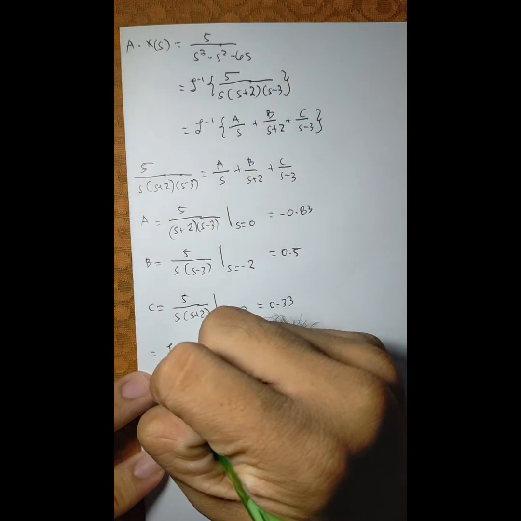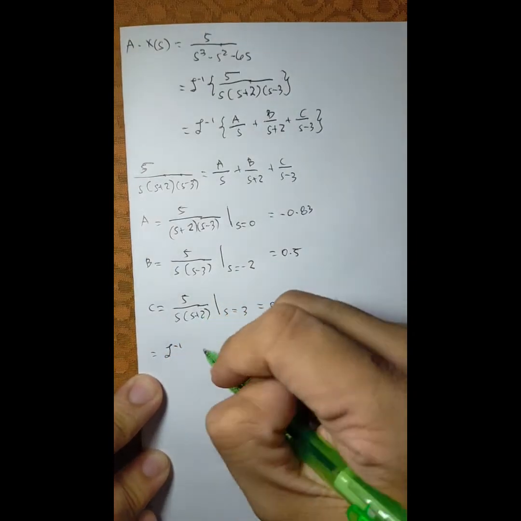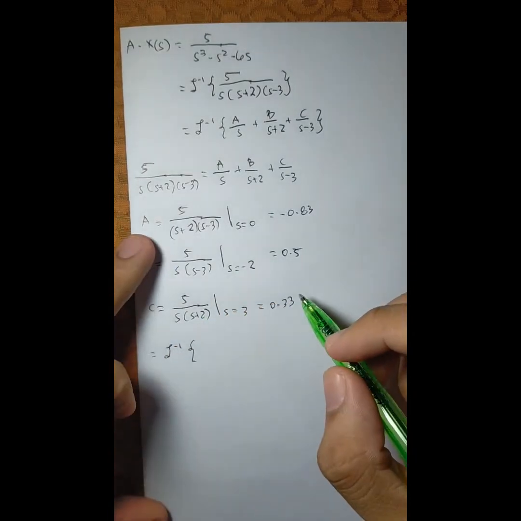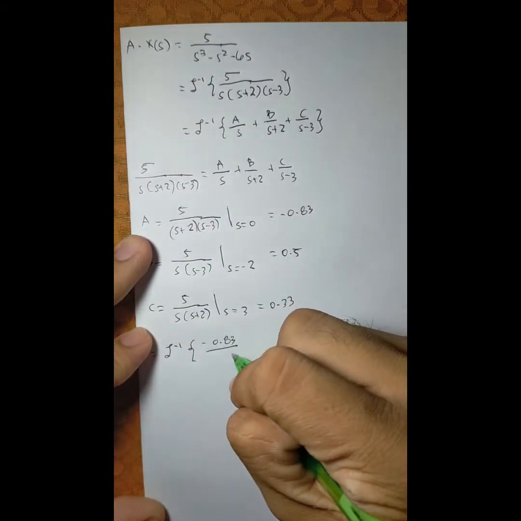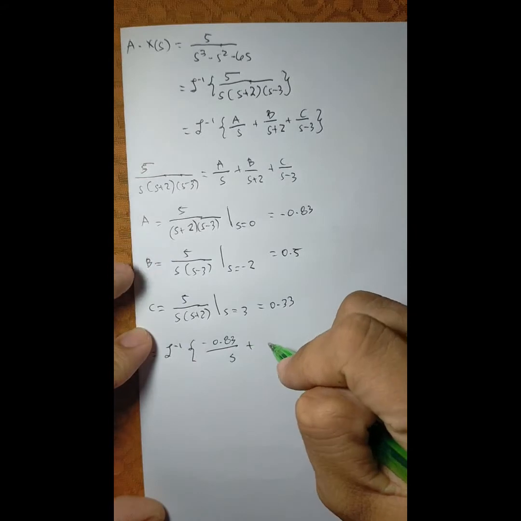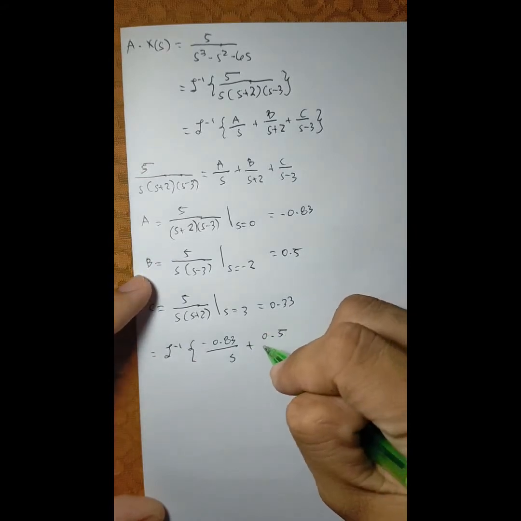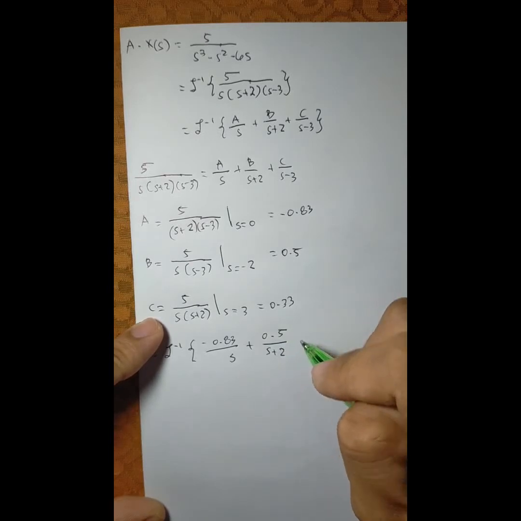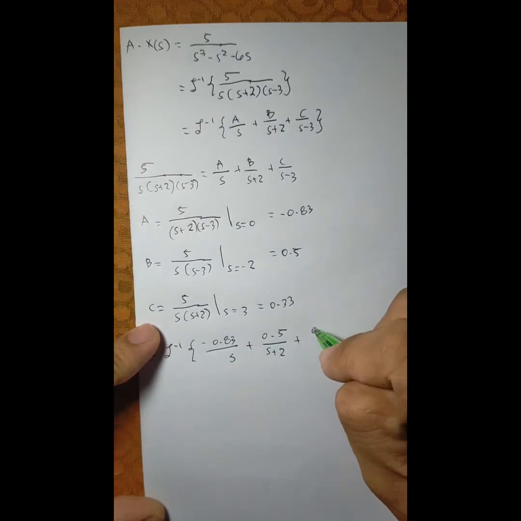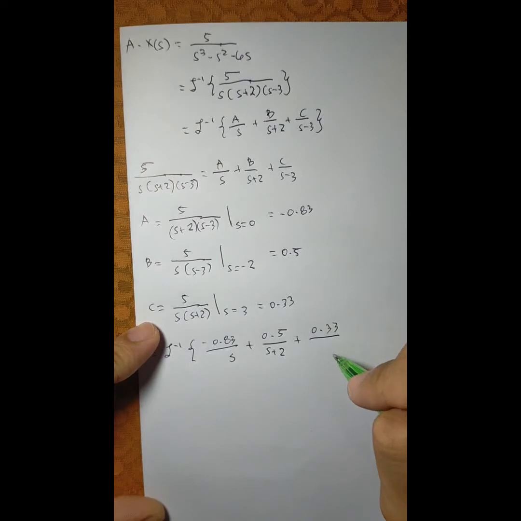So we have the inverse Laplace transformation of, substituting the value of A, which is negative 0.83 over s, plus the value of B, 0.5 over s plus 2, plus 0.33, which is the value of C, over s minus 3.